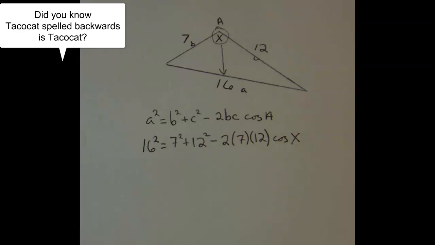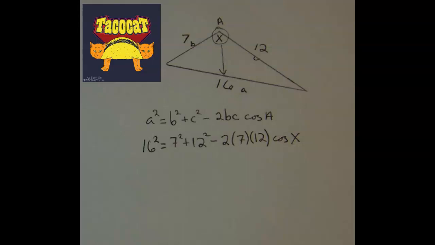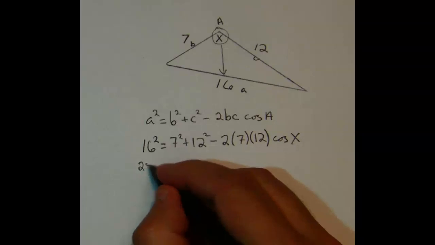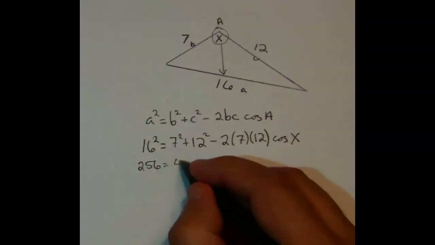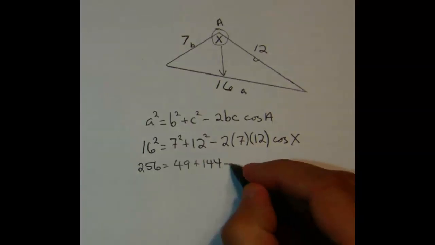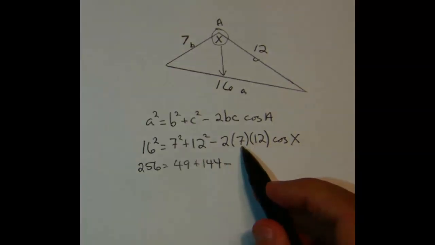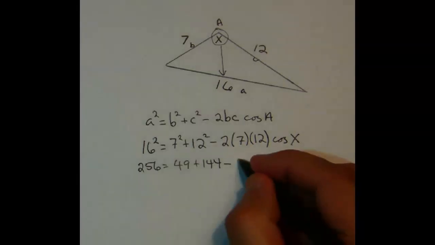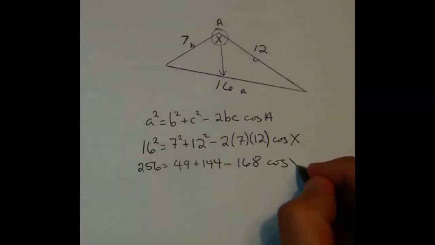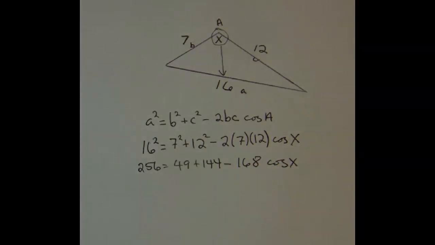Let's take our calculators and square these numbers. 16 squared is 256, equals 49 plus 144 minus 2 times 7 is 14, 14 times 12 is 168 cosine x.